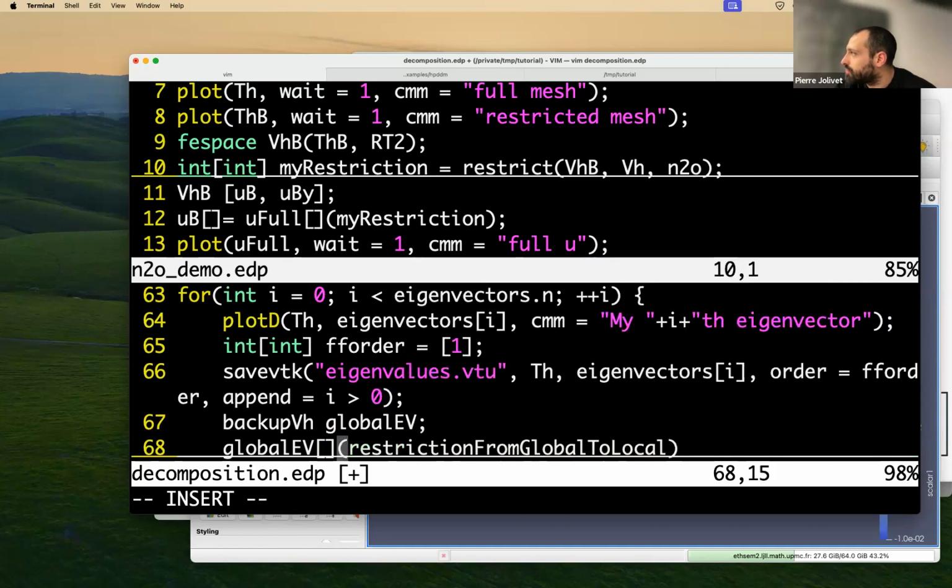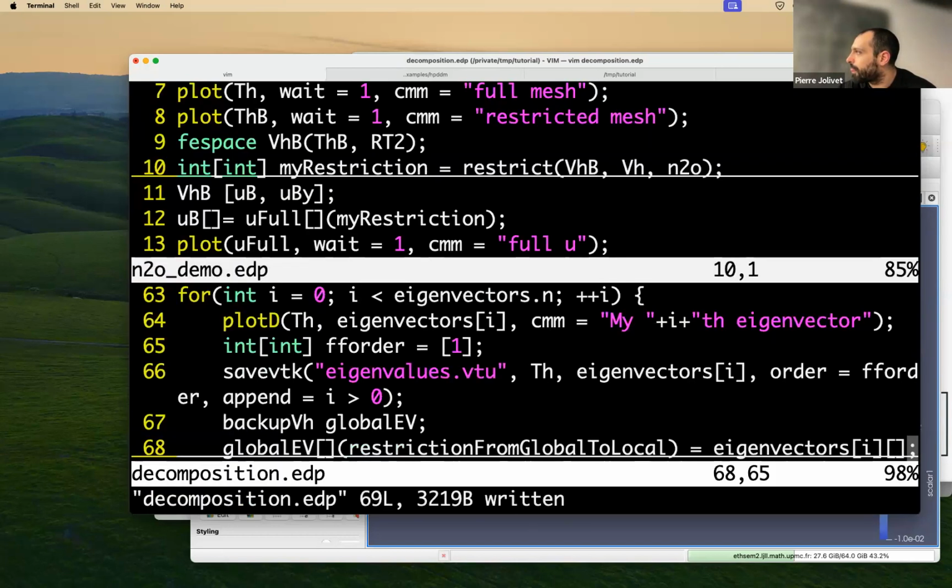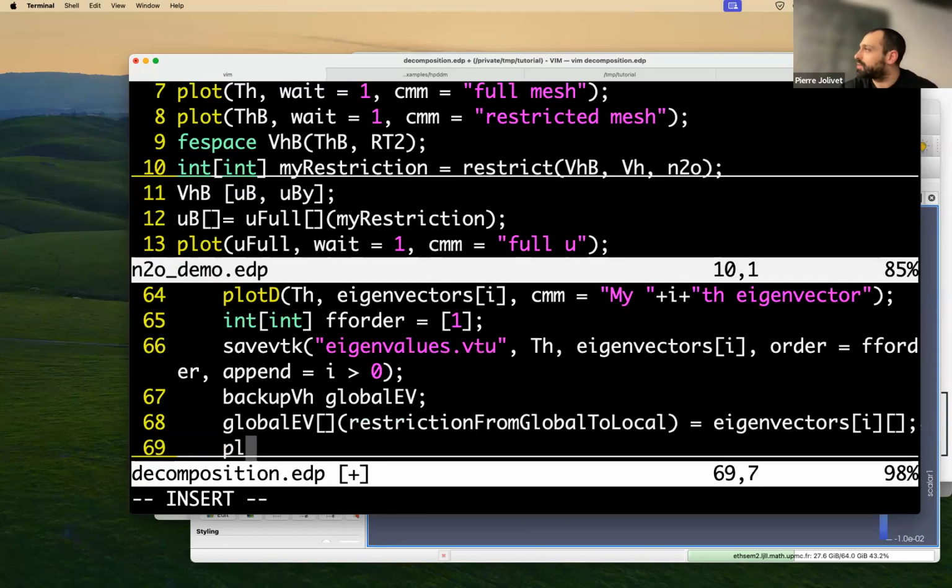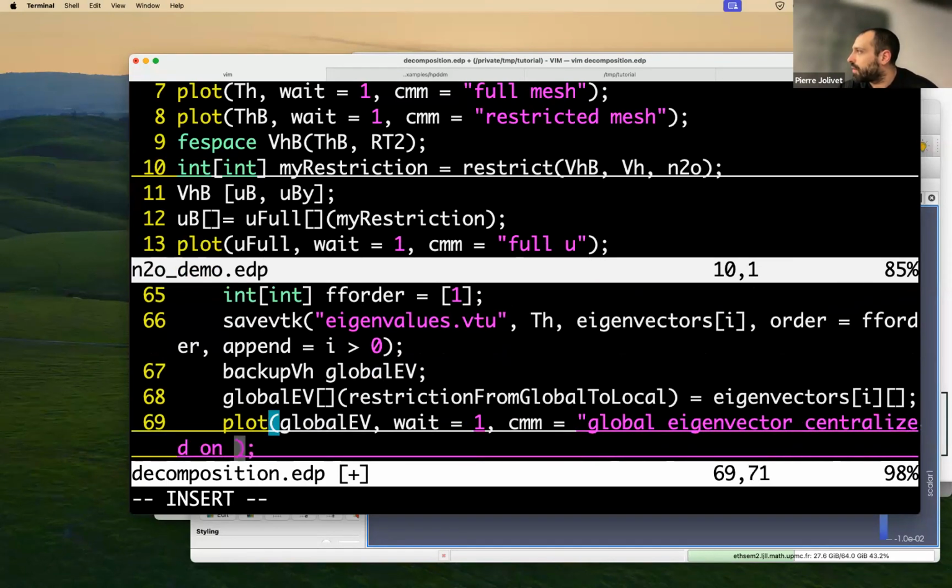And then we do just as before, restriction from global to local equal the local eigenvector. So eigenvectors. Okay, and so let's try, just for good measure, to plot this global EV, weight equal 1, CMM equal global eigenvector centralized on TH, on backup TH.